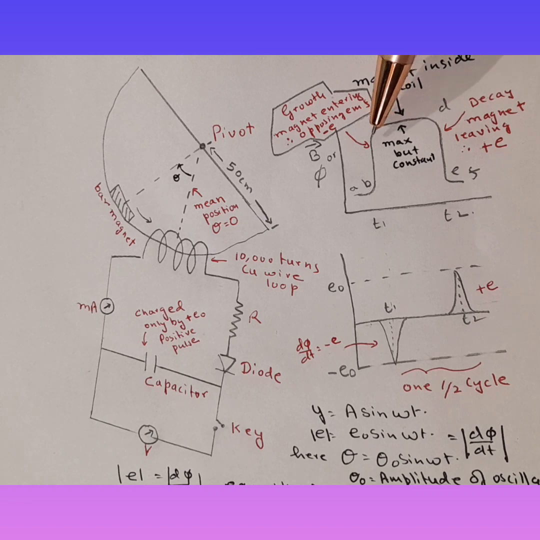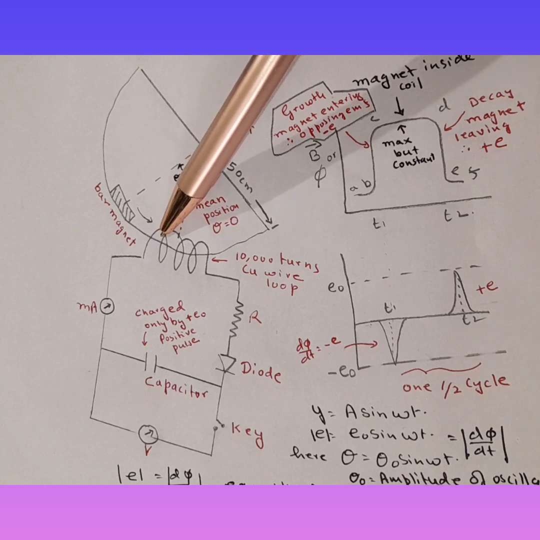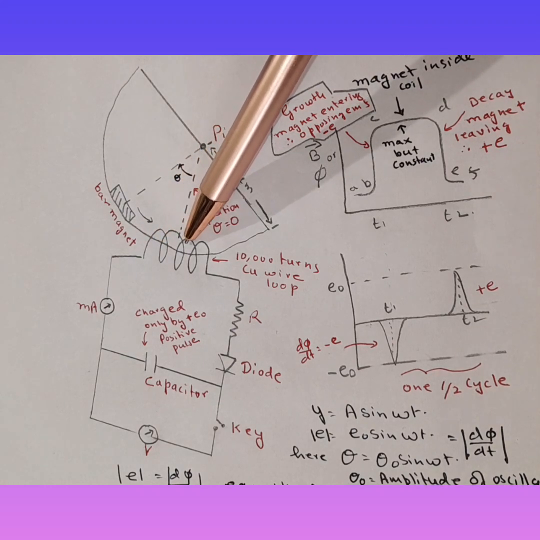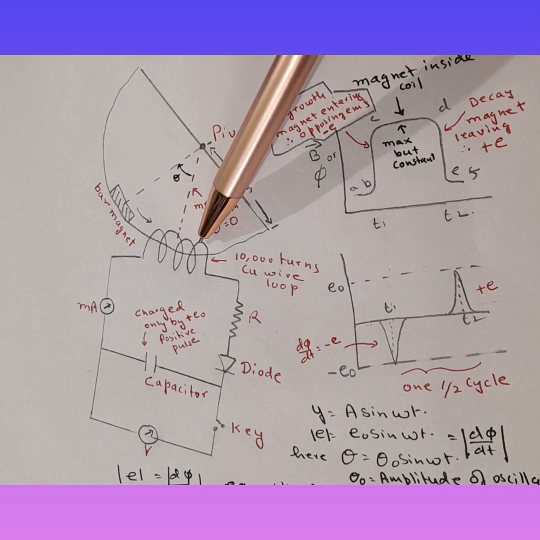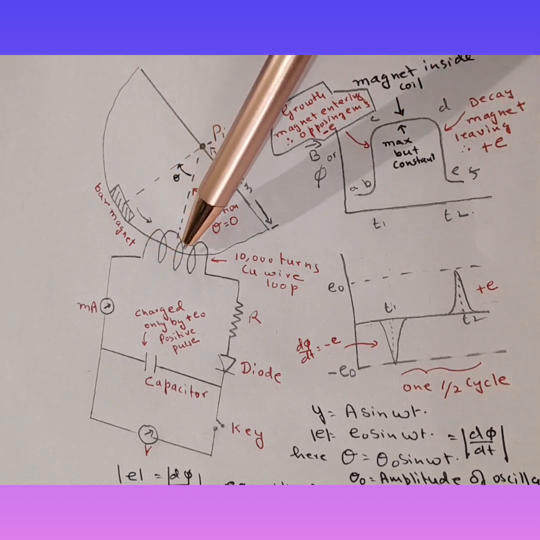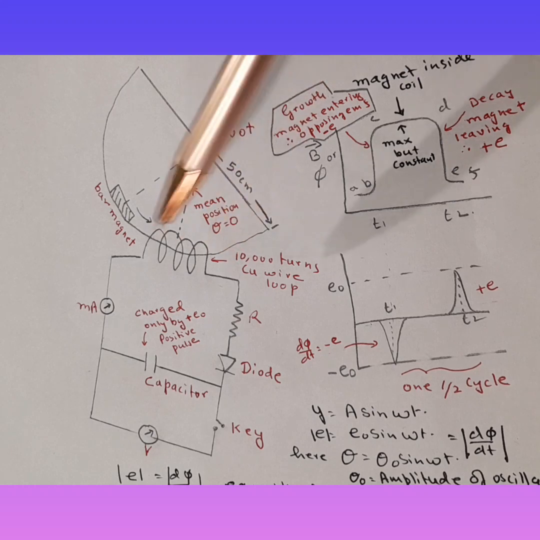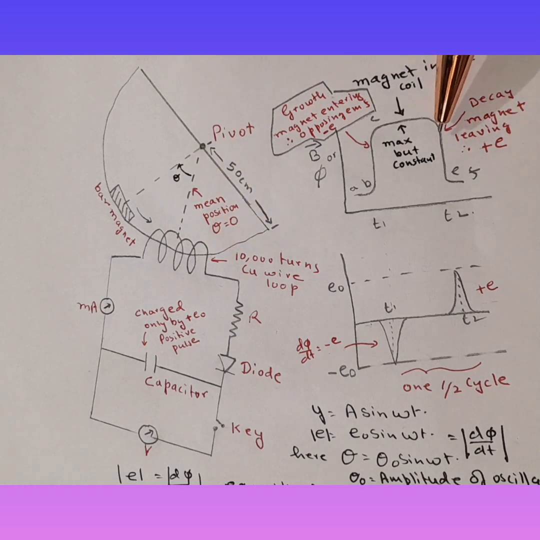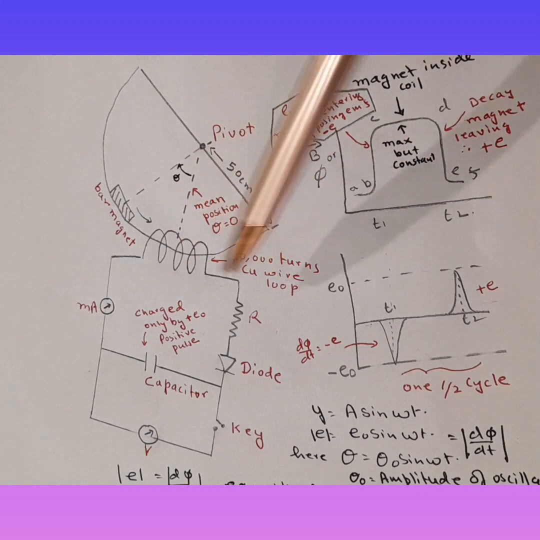Okay, now when we come over here, the magnet is already inside the coil, so at that time there is no change in flux. Whatever the flux is, it remains constant, since the magnet is inside the coil. Maximum but constant. Now again when we come over here, it is decay.